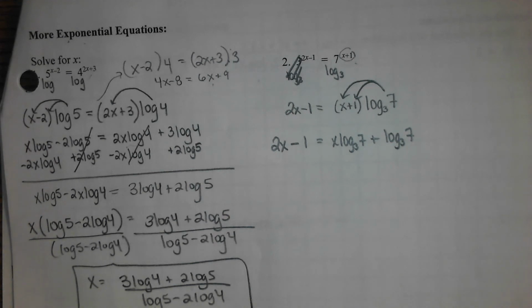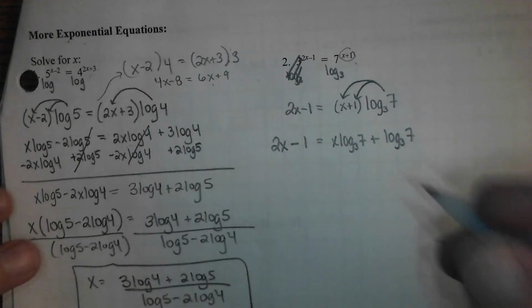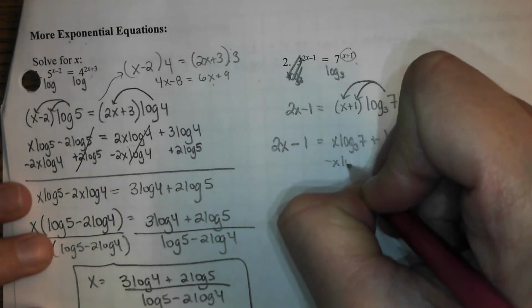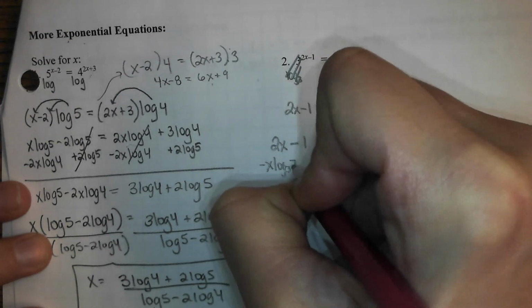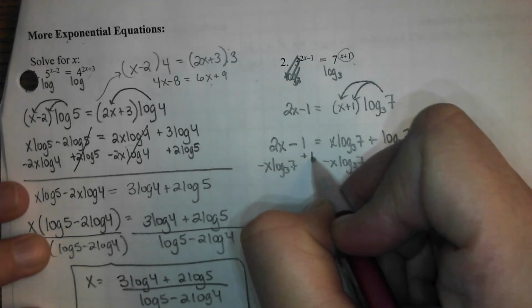To solve for x's, we still have to get all of our x's on the same side. So I'm going to subtract this one over to the left. And then I'm going to get rid of the minus 1 by adding 1 over.